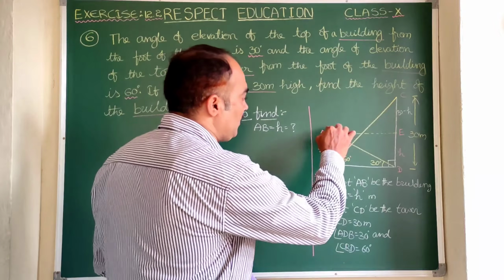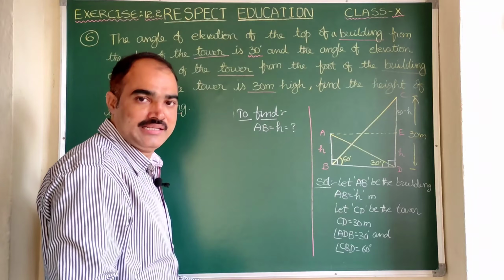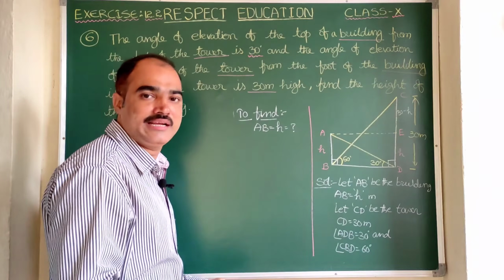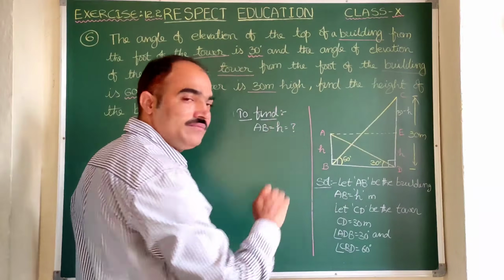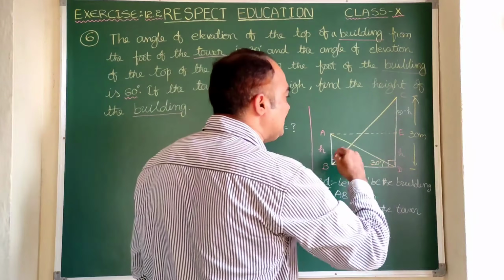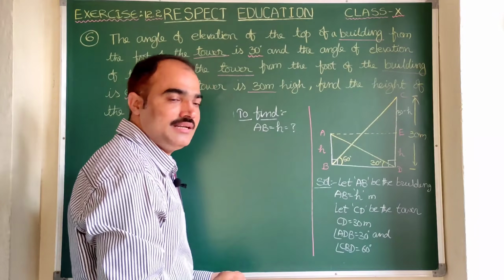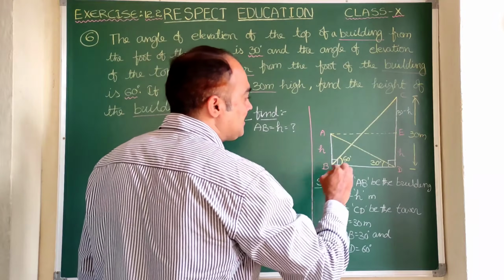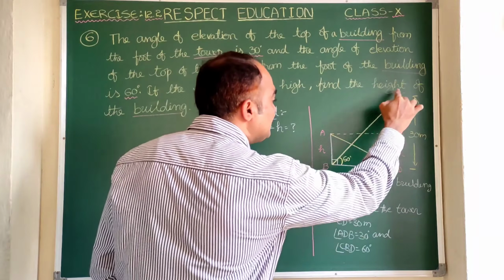As usual, first we have to separately solve the right angle triangles. Before that, let us see how many right angle triangles there are. ABD is one of the right angle triangles and CDB is the other right angle triangle. So there are two right angle triangles. Now let us consider any one of them. Here I am taking triangle CBD.